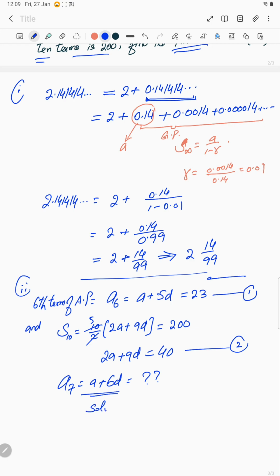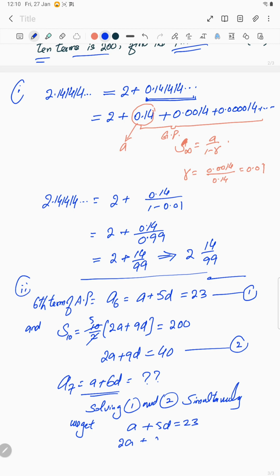So solving 1 and 2 simultaneously, we get a plus 5d equal to 23 and 2a plus 9d equal to 40.